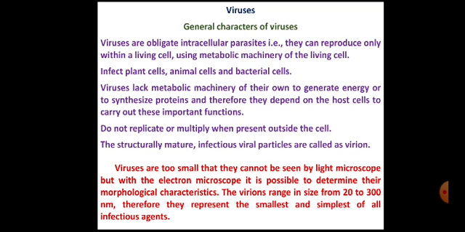We have seen the structure of the eukaryotic cell and the structure of the prokaryotic cell, so we have understood what component is called a cell. A cell has all the metabolic machinery and can reproduce on its own.